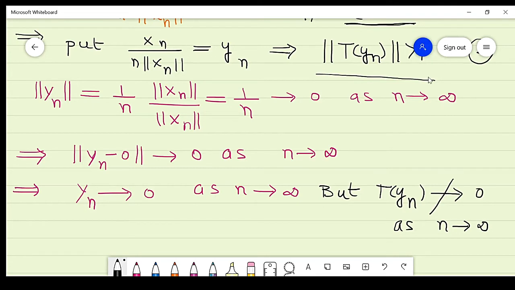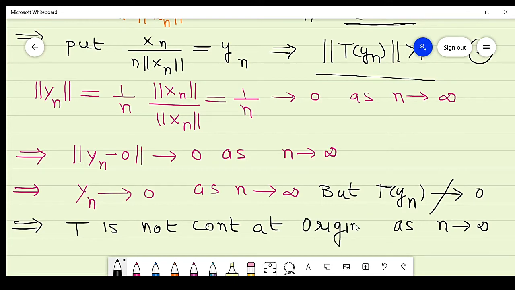If that does not approach 0, then T is not continuous at origin.